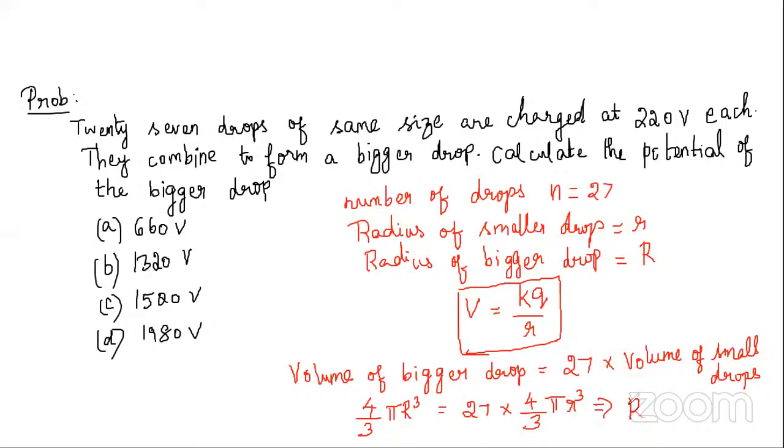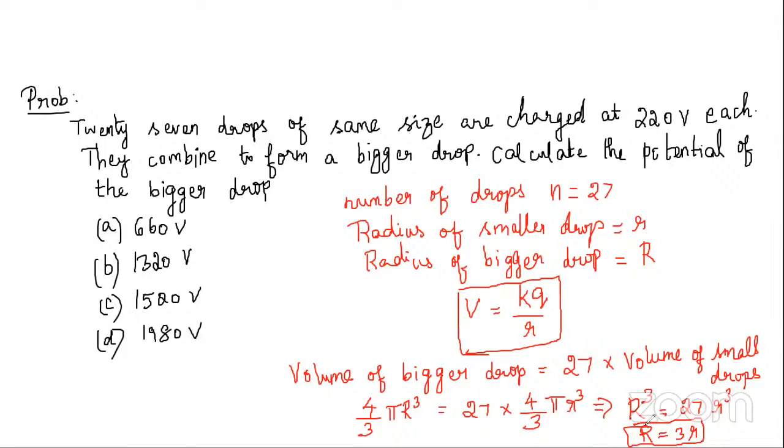Capital R cube equal to 27 into small r cube. That means, after taking the cube root, capital R equal to 3 into small r. So now we got the radius.